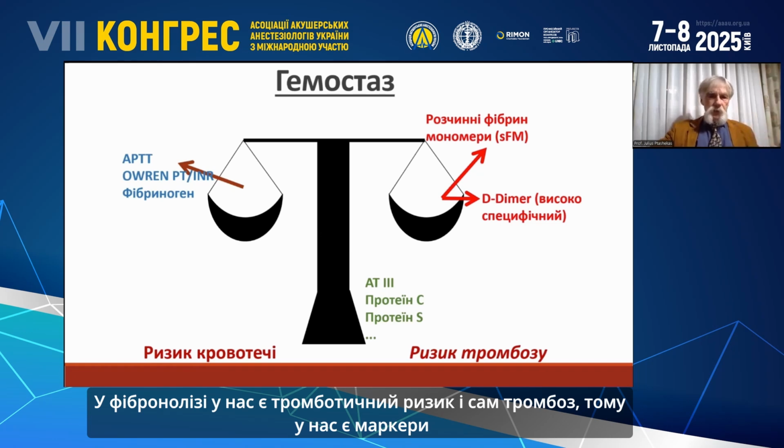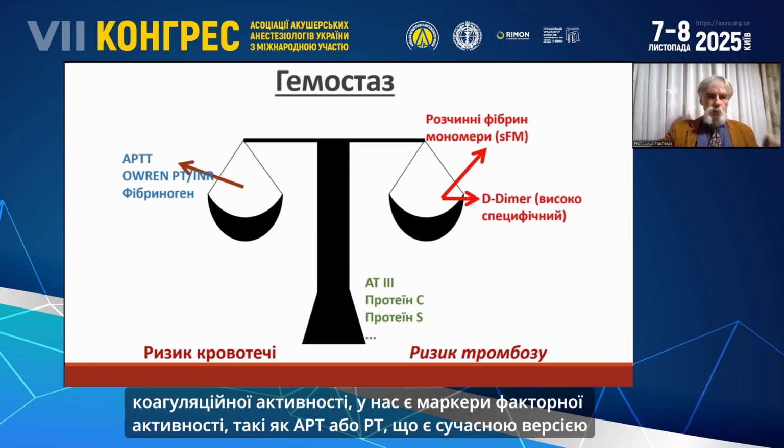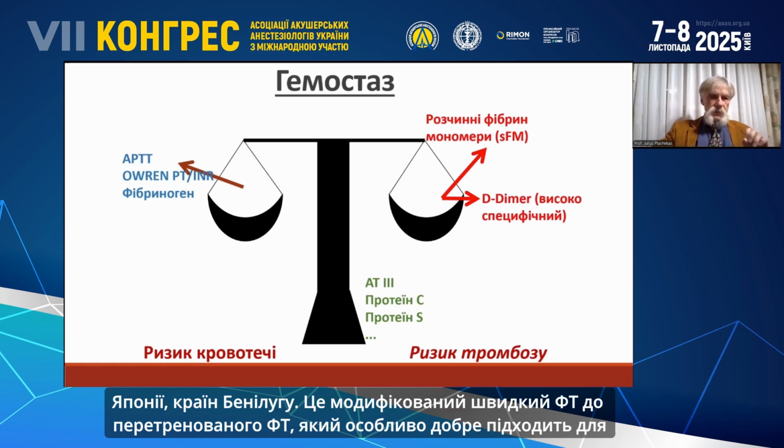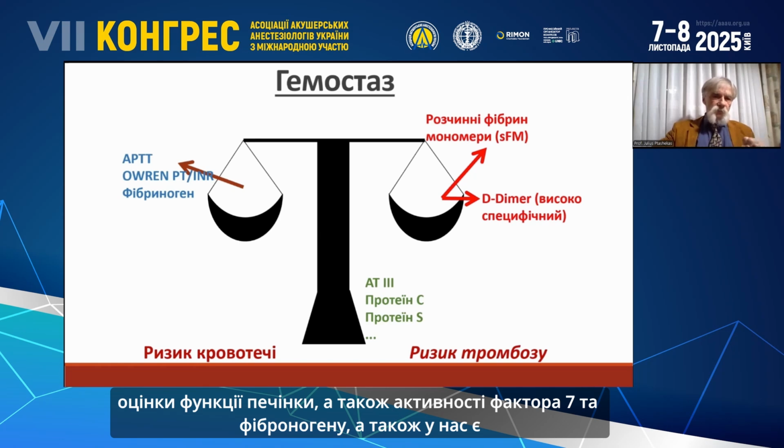So we have markers. For coagulation activity, we have factor activity markers like APTT and PT, and a modern version of PT which hopefully you will also get experience with, coming from Scandinavia, Japan, and the Benelux countries. It is the modified quick PT, Owren PT, which is specifically good for evaluation of liver function and also factor 7 activity, and fibrinogen.